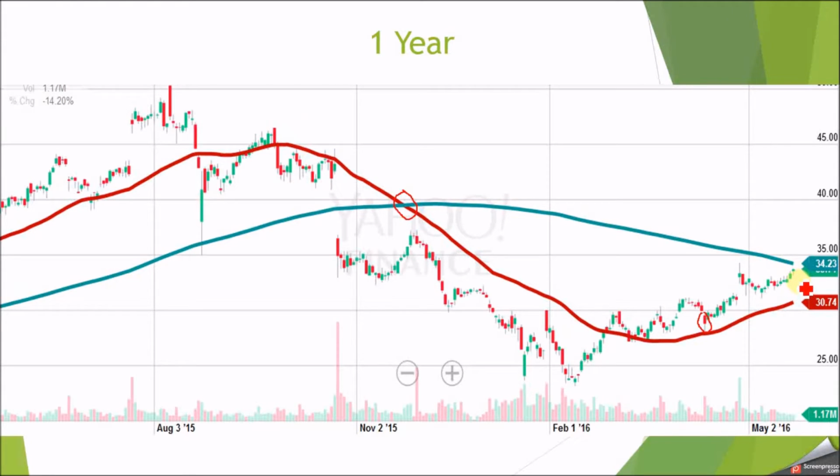Anything resulting where these get closer, it gets closer to the 50-day.